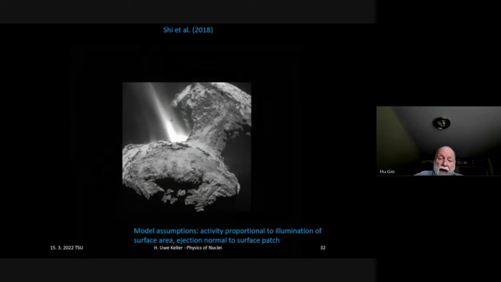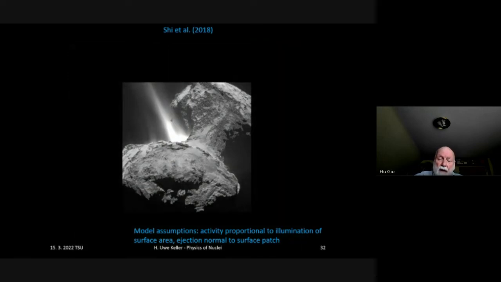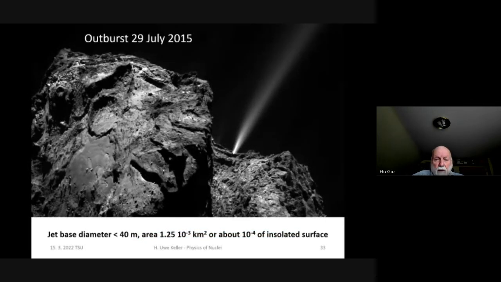And as you could see in this model calculation, the impression you get and what we see is that the overall activity on the surface is more or less uniform and homogeneous, except for the phenomena of the dust jets or outbreaks.